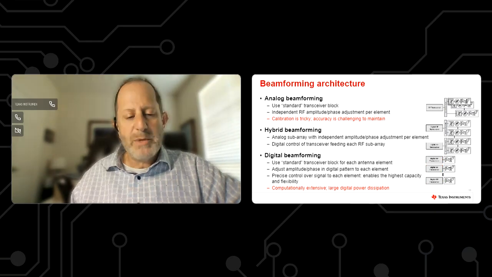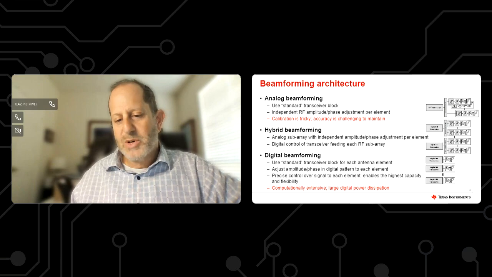But we do have to be wary because this is a very computationally extensive application. We've got lots of digital processing that has to go on here to manipulate these signals. And there's a large digital power dissipation since you're multiplying lots of different transceivers here. So we'll have to keep those limitations and concerns in check appropriately.